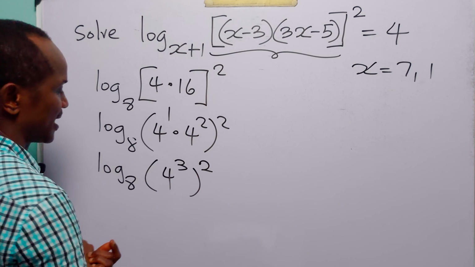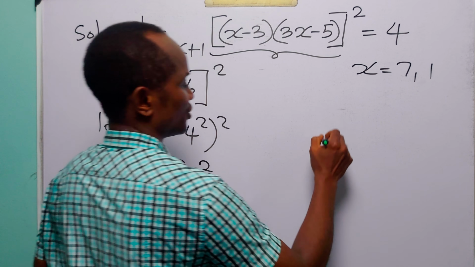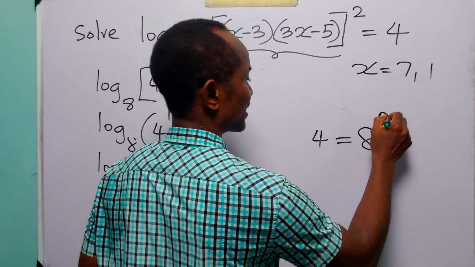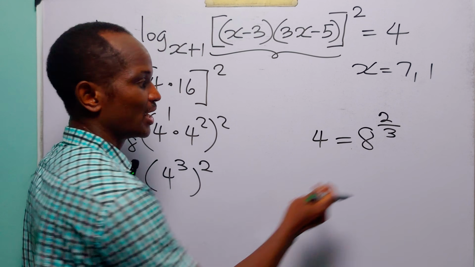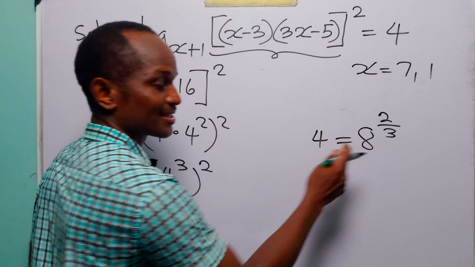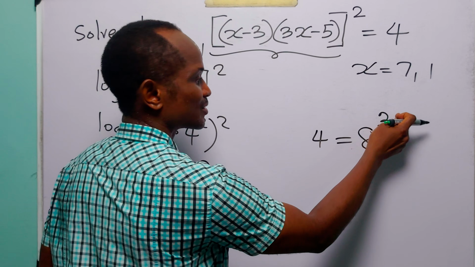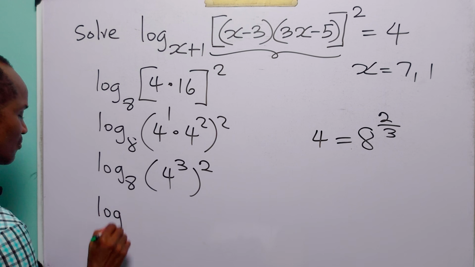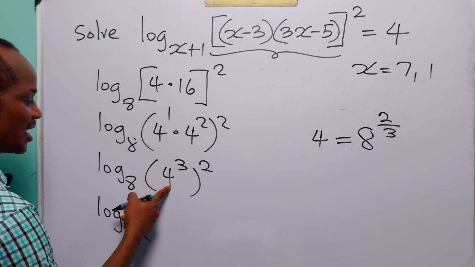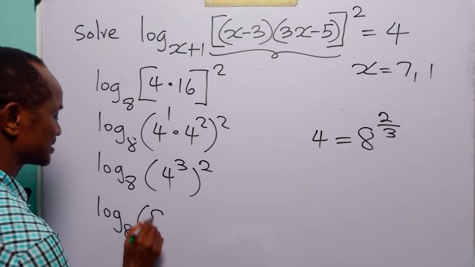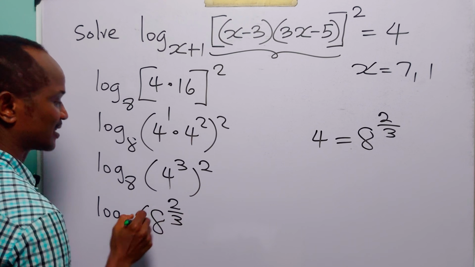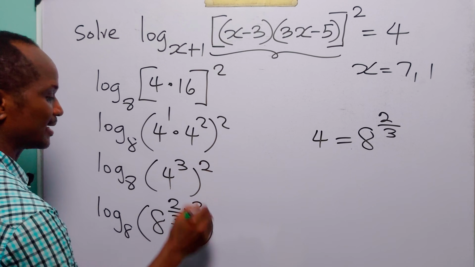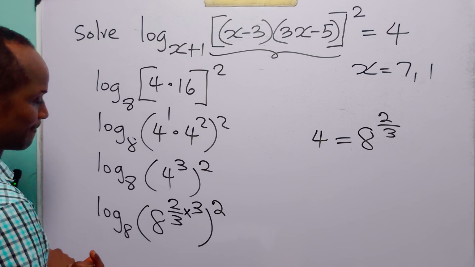Then we have squared. Now, you know that 4 is equal to 8 to the power 2 over 3. The cube root of 8 is 2. 2 squared is 4. So we can write this as log to base 8 of this 4 can now be written as 8 to the power 2 over 3. And then this is cubed. And then this is squared.